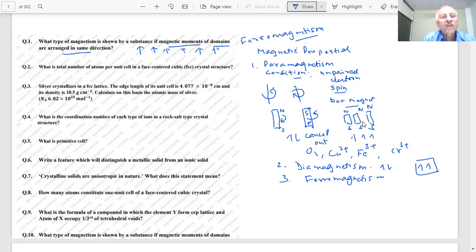This question was given: which can become a permanent magnet? Ferromagnetic substances can be permanently magnetized. Nothing lasts 100%, you know about it.